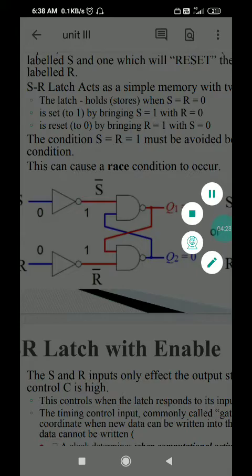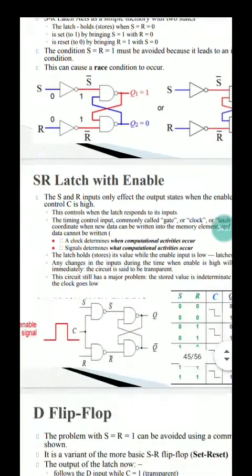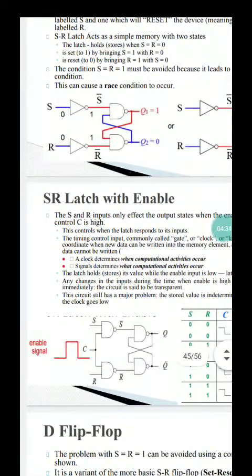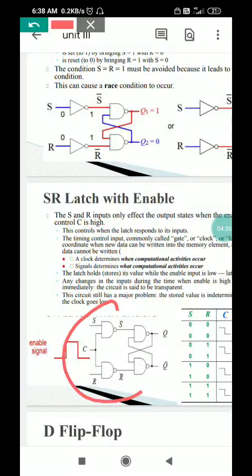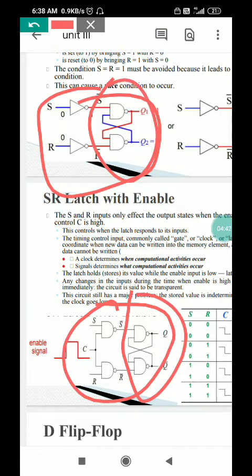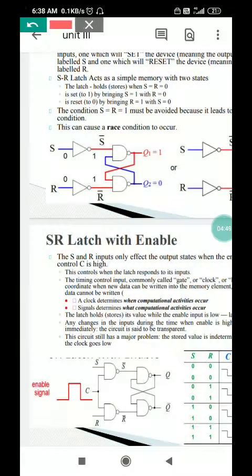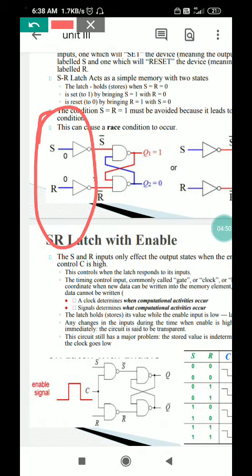Then we have one more SR latch with enable signal. If you look at this circuit and this circuit, you can identify that this part is common, and there is a change in this part. At the input side, we have NOT gates here, and here we have NAND gates.